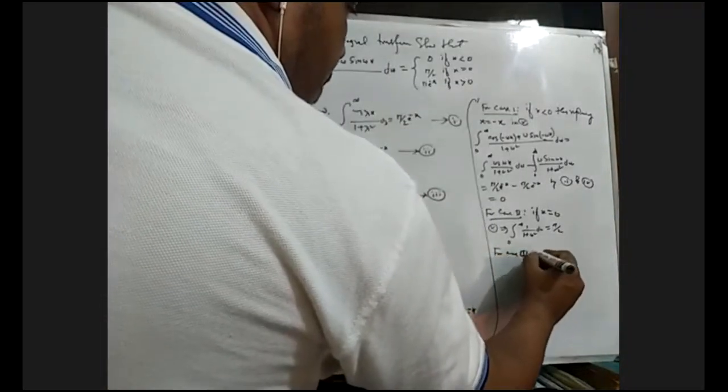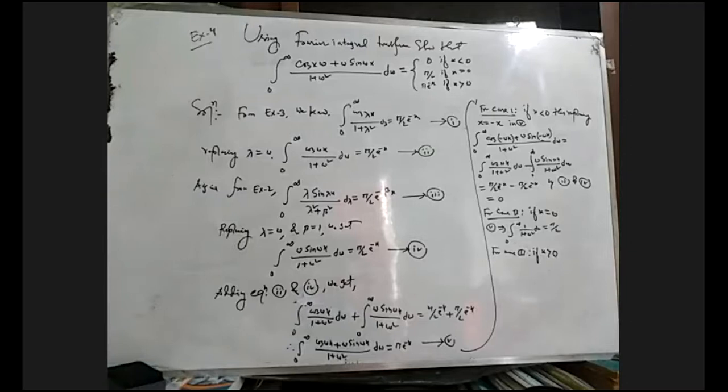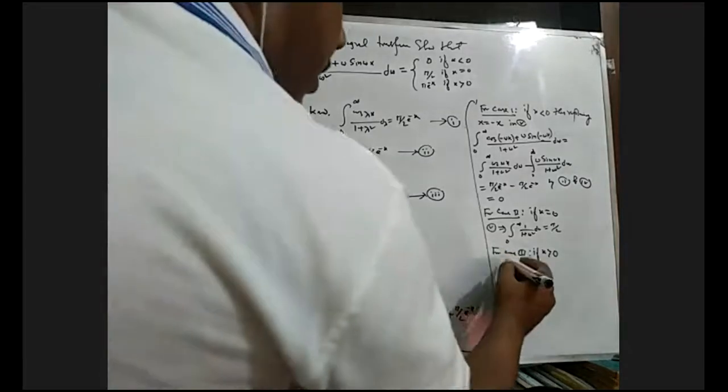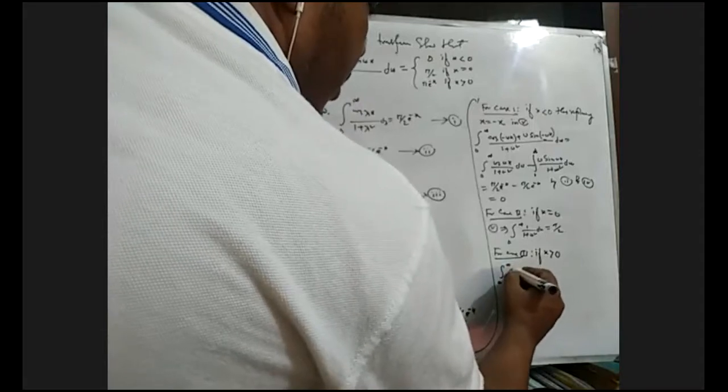Okay. Now for case 3, if x greater than 0, we get the integral from 0 to infinity of cos omega x divided by 1 plus omega square, plus the integral from 0 to infinity of sine omega x divided by 1 plus omega square d omega.